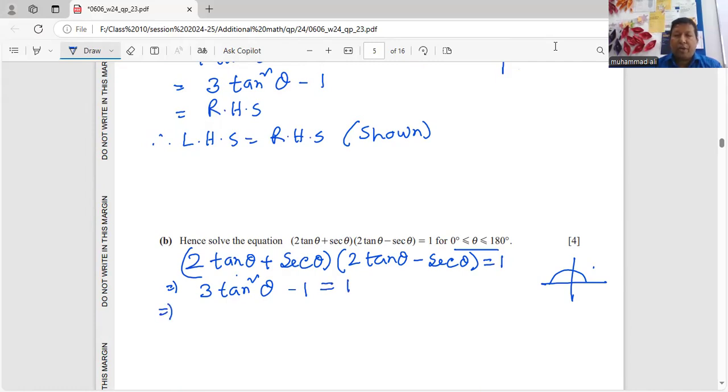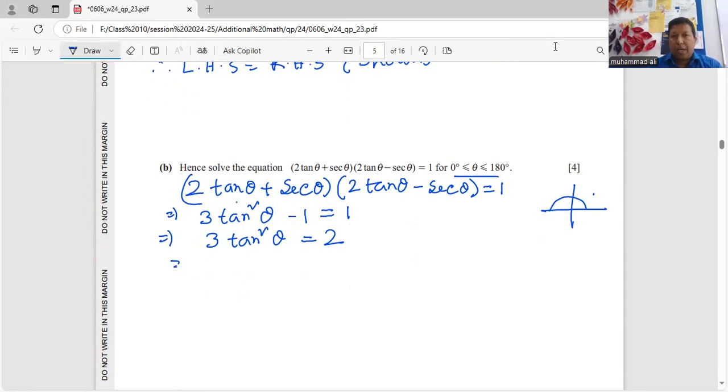Now minus 1, when it goes to the right side, will be plus 2. So tan squared theta equals 2 by 3. So tan theta equals a square root. If we take the square root, it will be plus or minus root over 2 by 3.